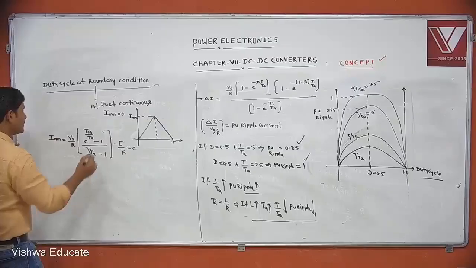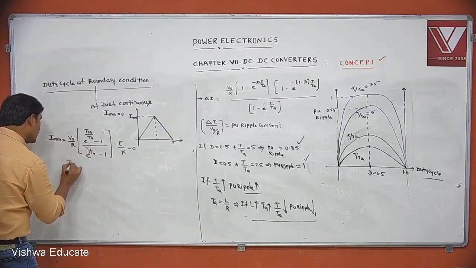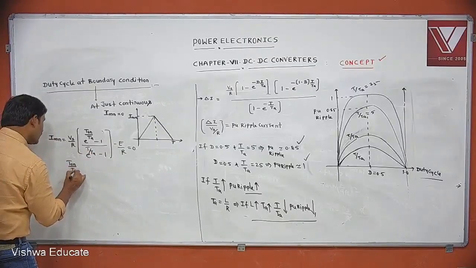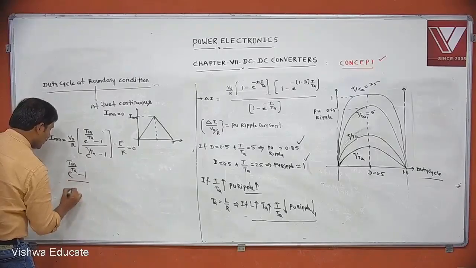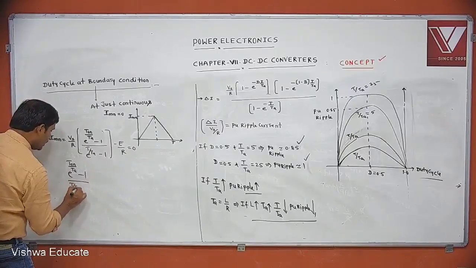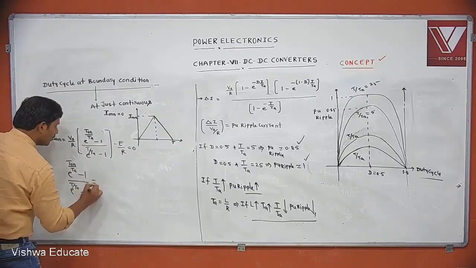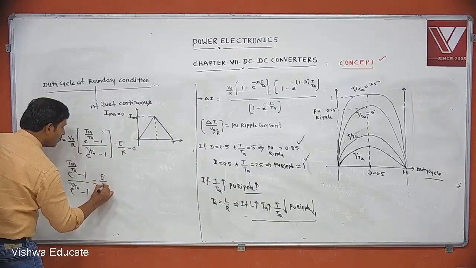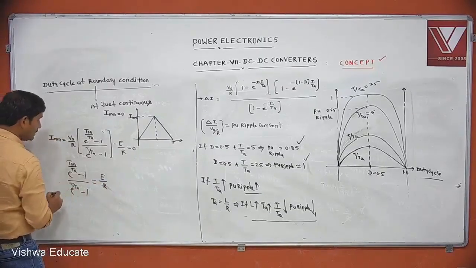Then (e power T on by Ta minus 1) by (e power T by Ta minus 1) equal to E by R into R by Vs.